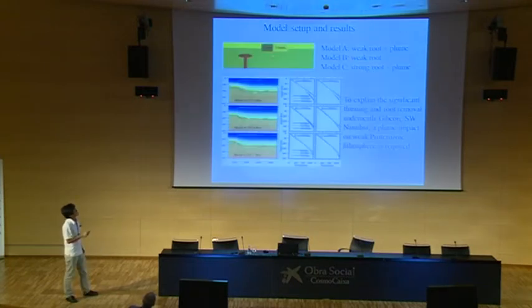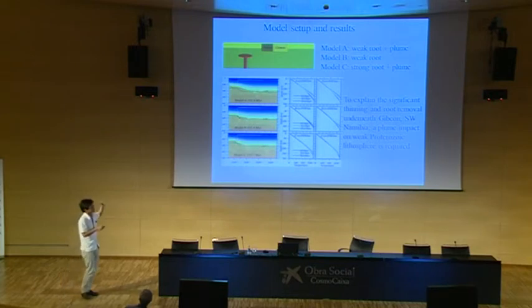We start a model like this, with Proterozoic lithosphere and cratonic lithosphere. In model A, we have a weak Proterozoic lithosphere plus a plume impact. In model B, the Proterozoic lithosphere has a weak root but without a plume. And in model C, you have a strong root, but not that strong, just an intermediate root as I introduced before, with plume impact.